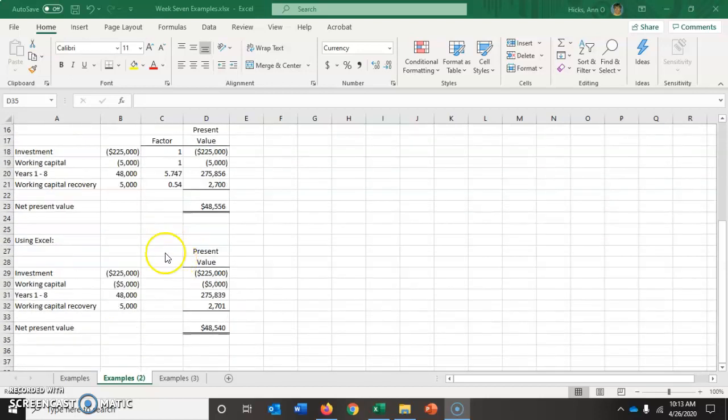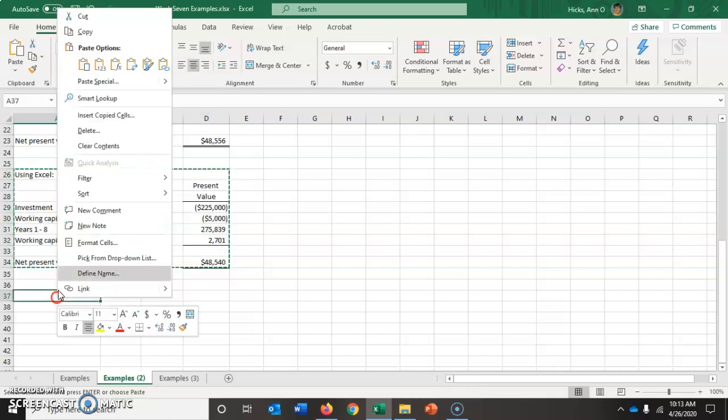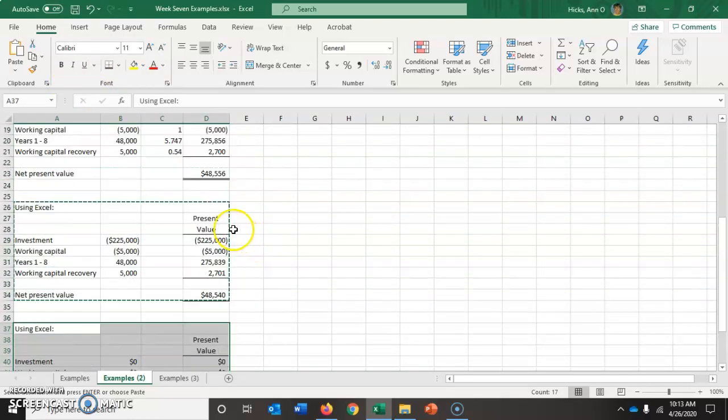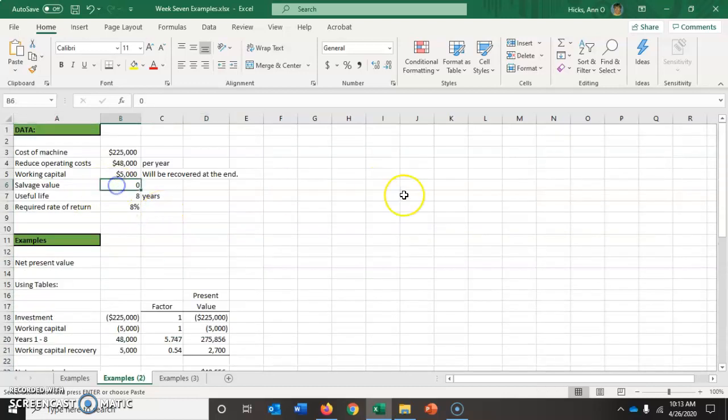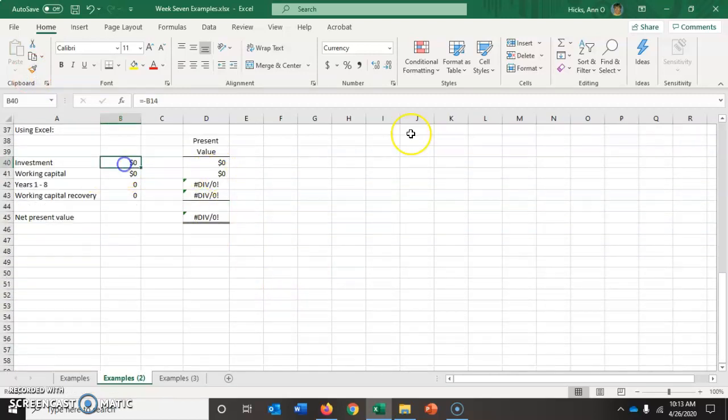So actually, let me just walk through that. Let's copy this and paste it. And let's assume that we have a $10,000 salvage value at the end of the life of the asset.